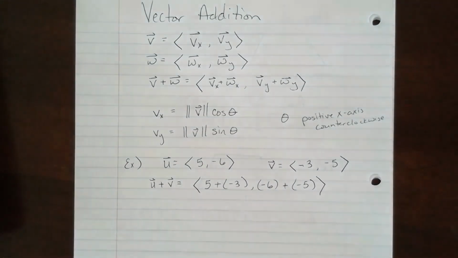Now I'm getting a little carried away with parentheses, I'm being a little excessive here, but it's very important to watch out for negatives with these problems. This is one of the reasons why this works out in such a nice way, is that it takes into account all the different directions that are being affected. The negatives and the positives tell me left and right, up and down, and that sort of thing.